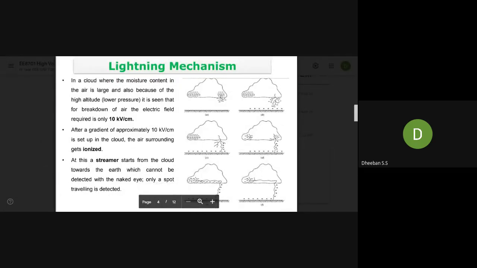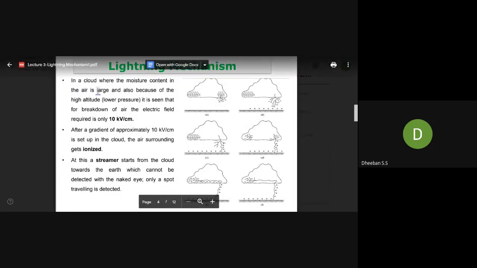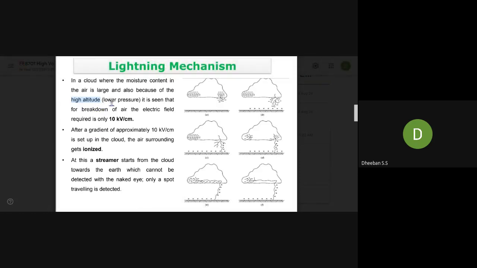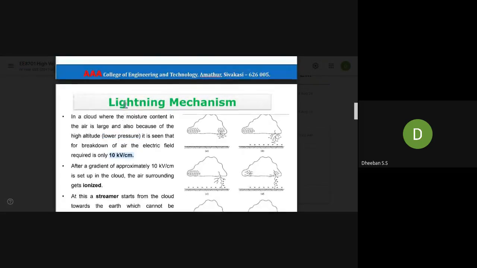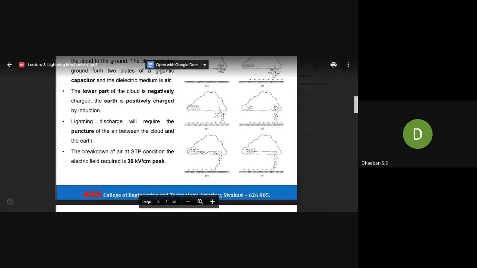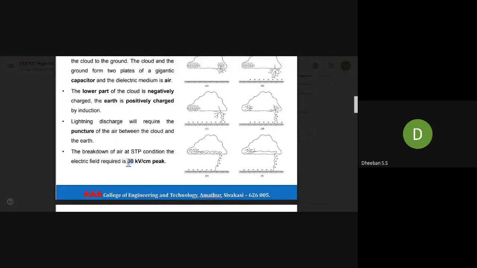In the cloud, the moisture content in the air is large because of high altitude, which I have already covered in the last lecture. If you are going to high altitude, your pressure gets lower. For breakdown of air, the electric field required is 10 kV. Here the 30 kV is for around the earth surface.